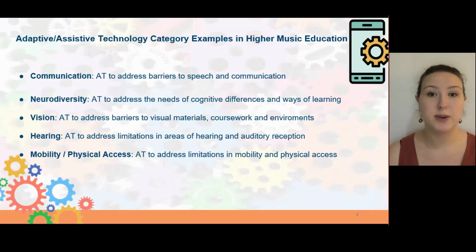Vision, AT to address barriers to visual materials, coursework, and environments. Hearing, AT to address limitations in areas of hearing and auditory reception. And mobility and physical access, AT to address limitations or barriers in mobility and physical access to environments, institutions.